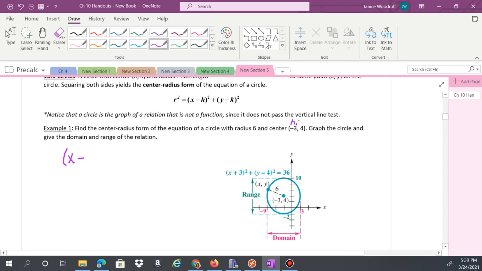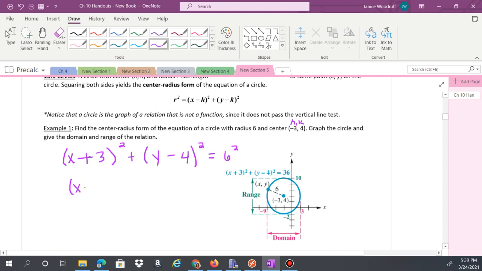So you're going to go (h, k) for these. So it's x minus -3. That double negative there will make that (x + 3)². And then plus (y - k), which is 4, squared. And then that's going to be the radius squared, so 6 squared, which is 36.